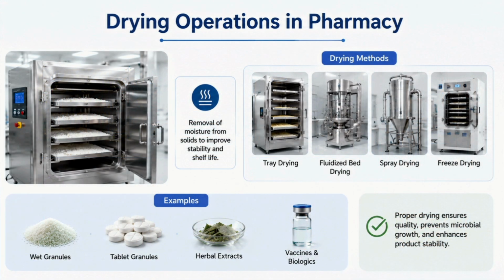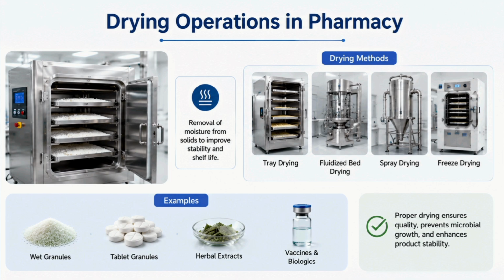Drying operation in pharmacy. Drying is the process of removing moisture from solids. Pharmaceutical products must be dried properly to improve stability and prevent microbial growth. Wet granules prepared during tablet manufacturing are dried before compression. If moisture remains, what will happen?